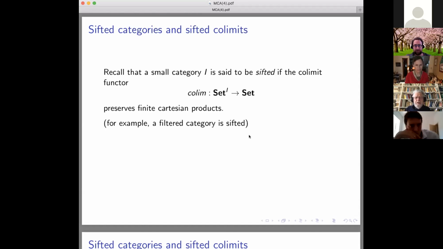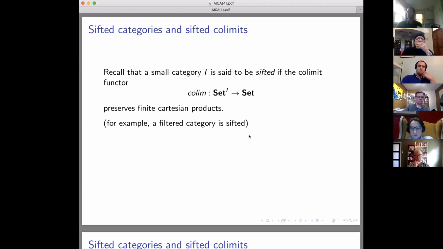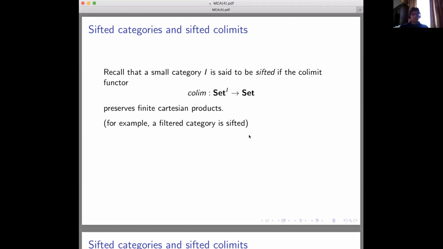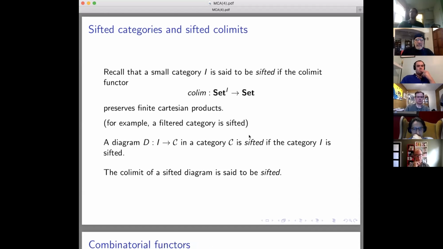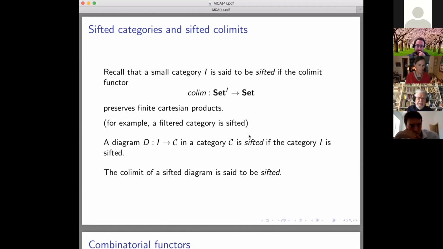A possible definition of a filtered category is that the colimit functor preserves finite limits, but here you restrict that to finite products. A diagram in a category is said to be shifted if the indexing category is shifted, and the colimit of a shifted diagram is said to be a shifted colimit.